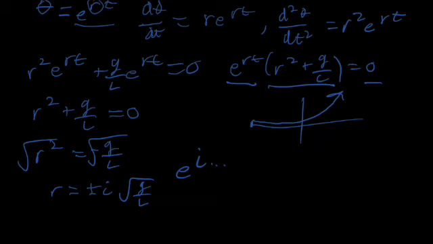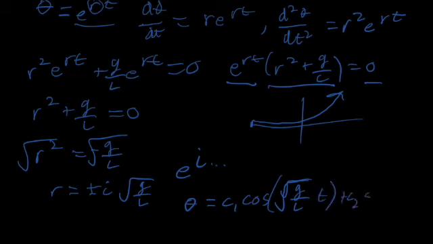That same video also talks about how this idea of e to the i something is just a sum of cosine and sine. So if we plug back in this r, theta equals some constant times the cosine of the square root of g over L, that's a bigger square root, times time, plus C2 sine of the square root of g over L times time.